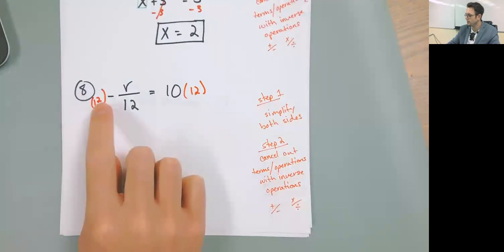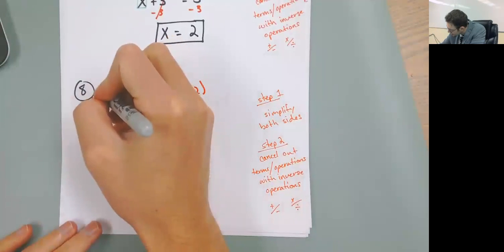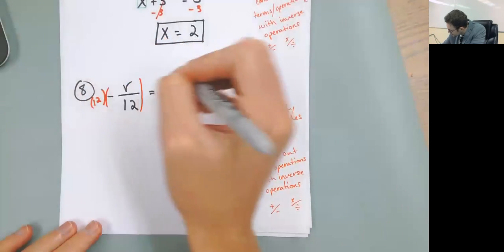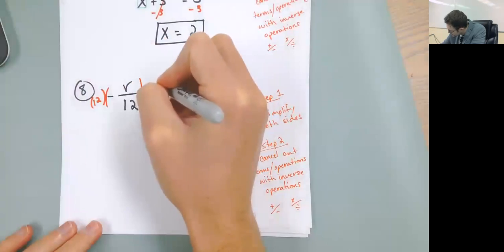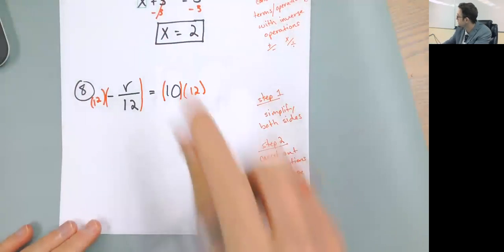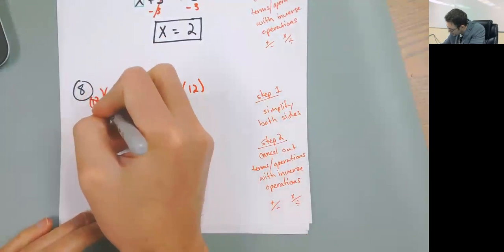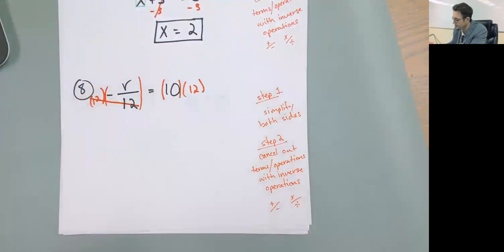So just to make sure, I'll put parentheses around this also. 12 times this, 12 times this. The whole point is that this crosses that out. We just canceled out the division with multiplication.